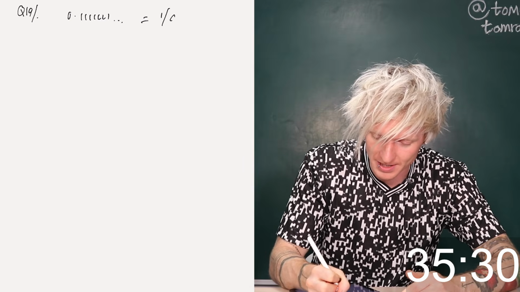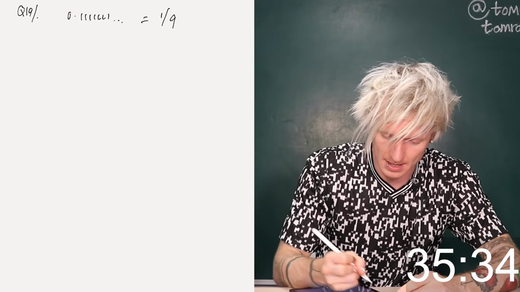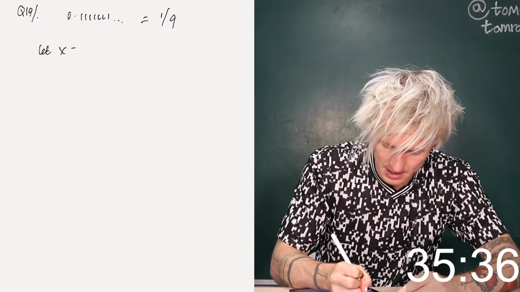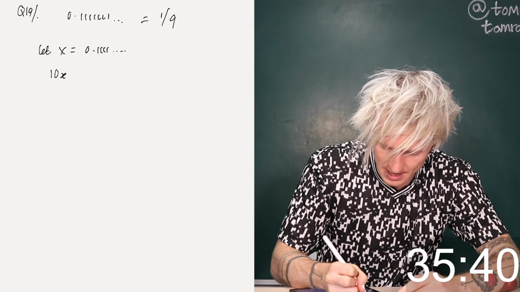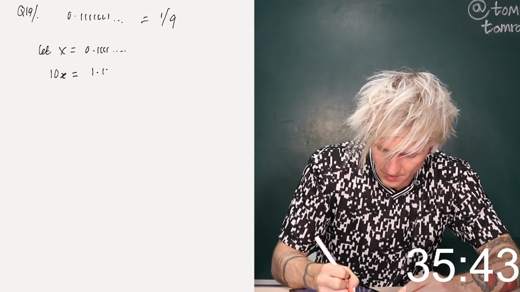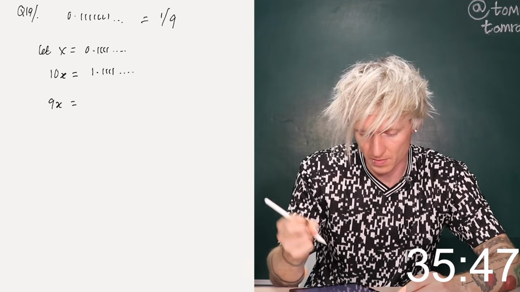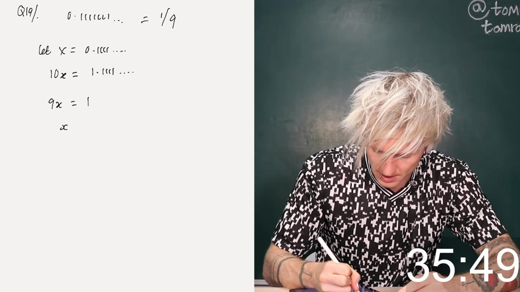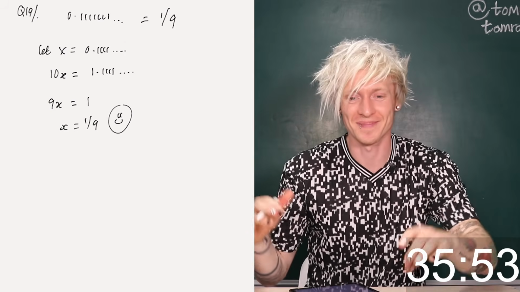It's equal to 1/9, and I could show that by saying let x equal 0.111 recurring. Then 10x is 1.11111 recurring. So 9x is equal to 1, so x equals 1/9. Smiley face, because that's what I thought it was.